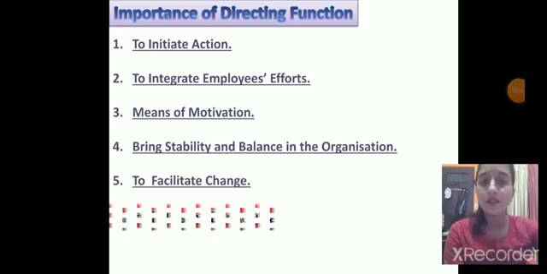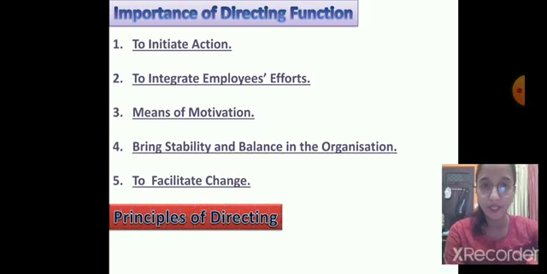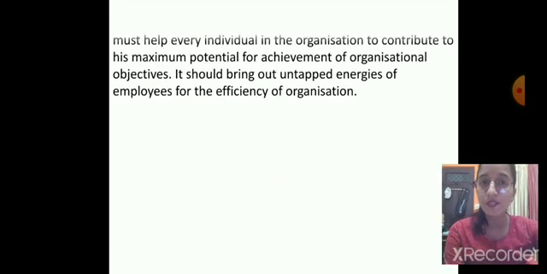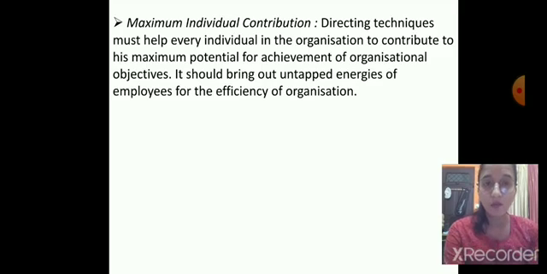Now we will discuss some principles of directing. So the first principle is maximum individual contribution. Now according to this principle, directing techniques must help every individual in the organization to contribute to his maximum potential for achievement of organizational objectives.